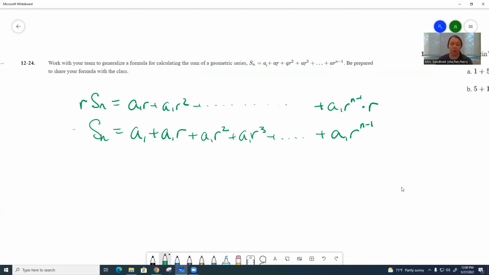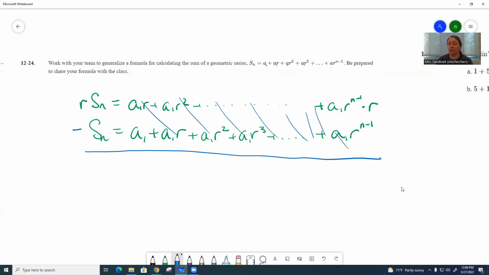And then we're going to subtract. And when I subtract, I get rid of all this stuff. I'm left with this minus this, and then I'm going to divide by the difference. So this is r times s sub n minus s sub n, right? Or basically r minus 1.